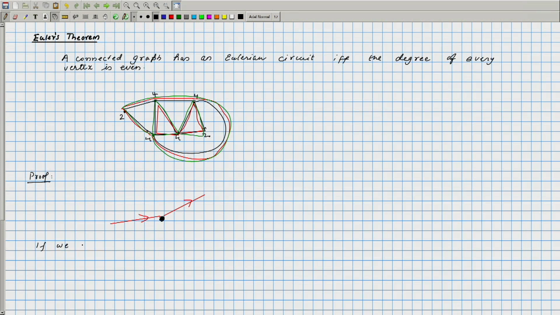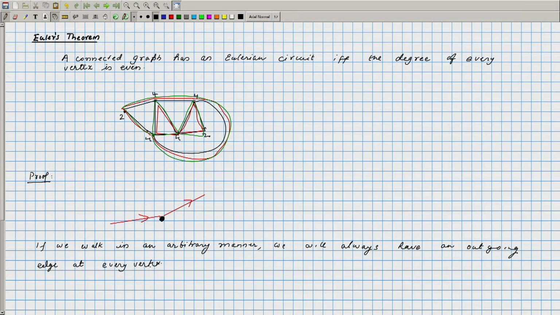Now, if we do this, what happens? We can write the following statement. If we walk in an arbitrary fashion, we will always have an outgoing edge at every vertex.